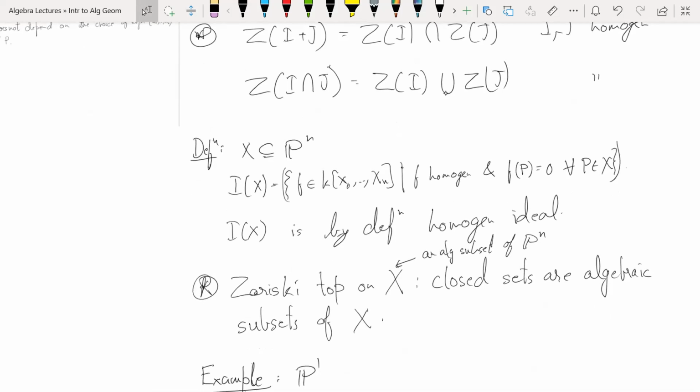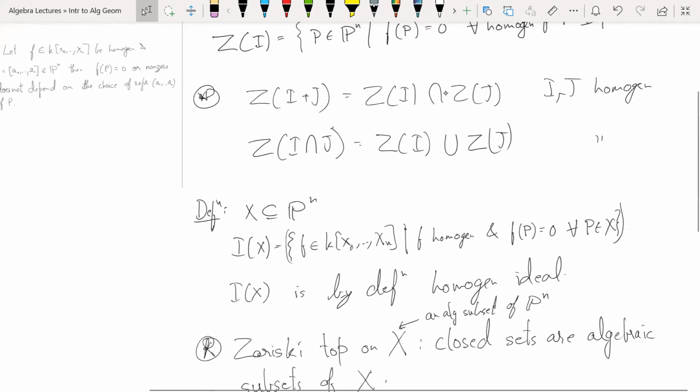The Zariski topology on Pn is that closed subsets are algebraic subsets of Pn, and on X, where X is some algebraic subset of Pn, the Zariski topology on X is given by closed sets being algebraic subsets of X. So when X is Pn, you get a Zariski topology on Pn.